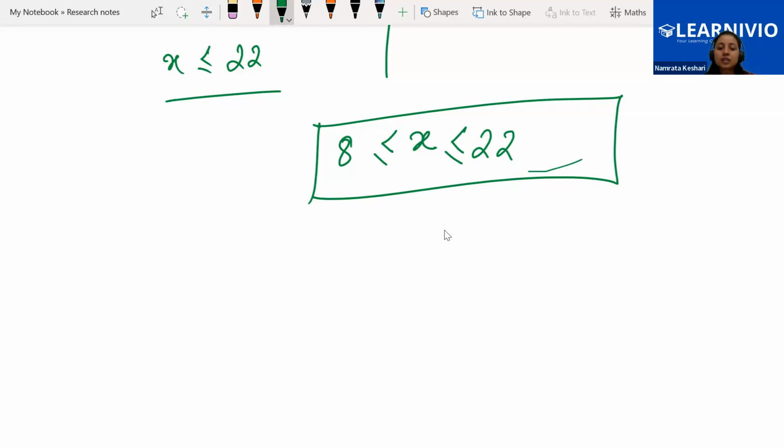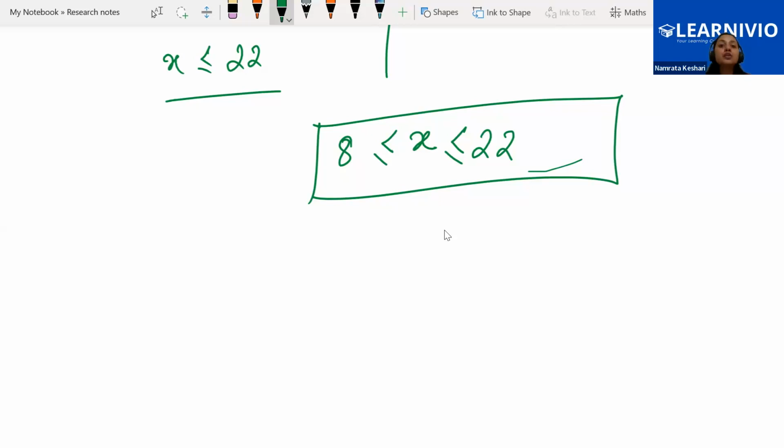Anyone checking? Okay, I am also having this, let me check. Exercise 5.1, question 26. Yeah, this is how we have to leave the answer, because so many possible values will be there.